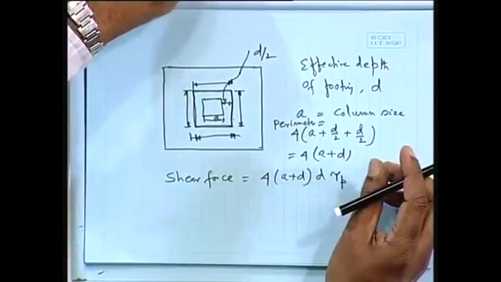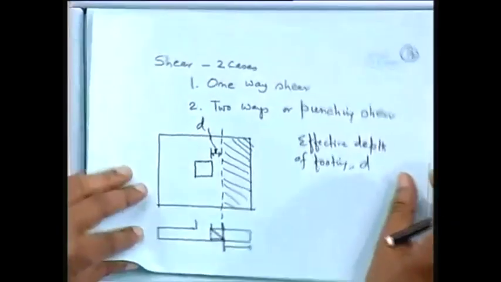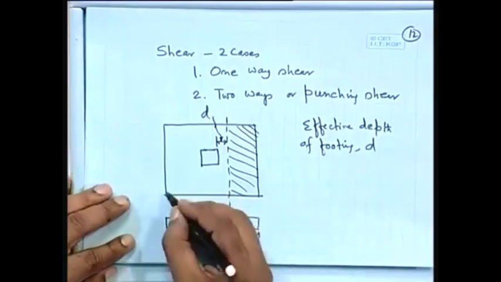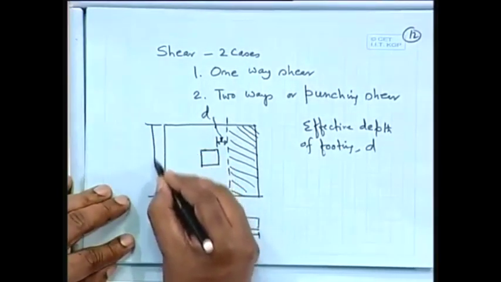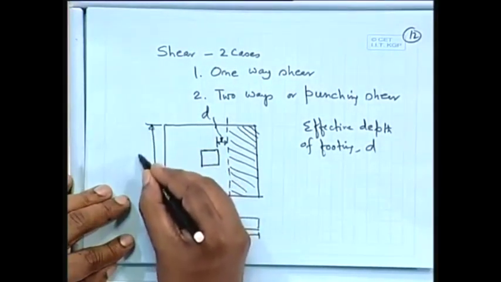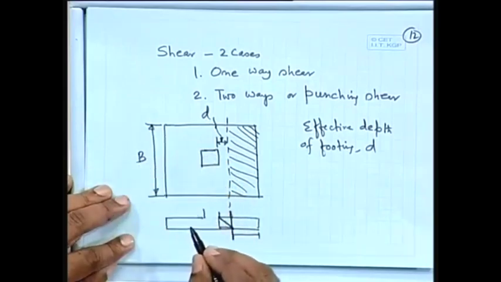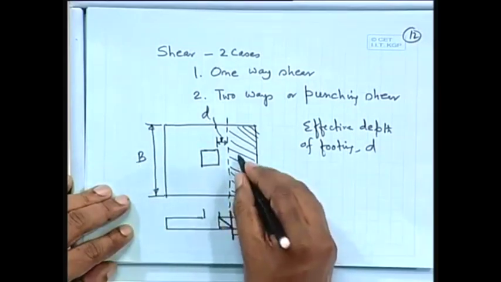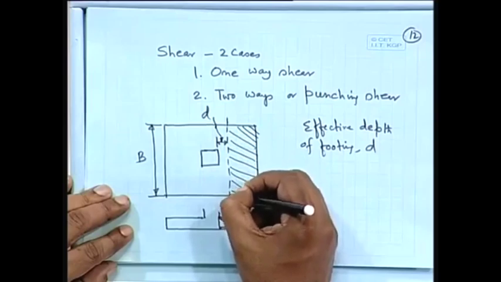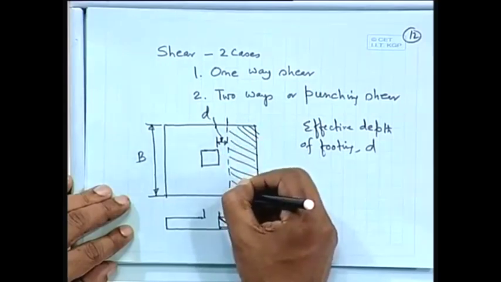Since I have come to this one, let us come to this here. If this is your B or L, let us say this is your B, then in that case what will happen here? I can find out the shear force here also. What will be the shear force here?